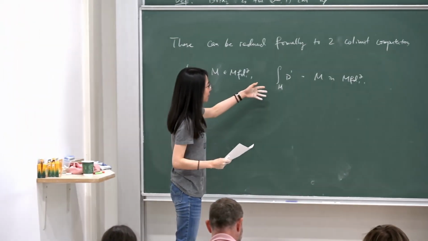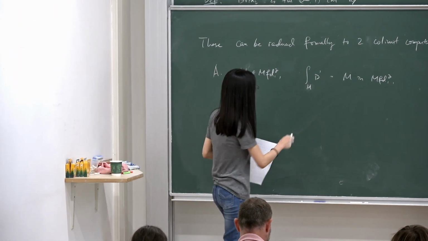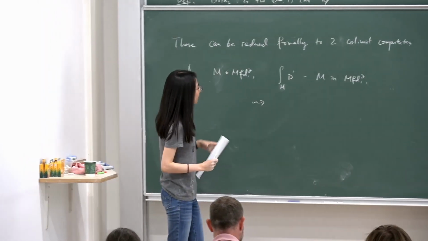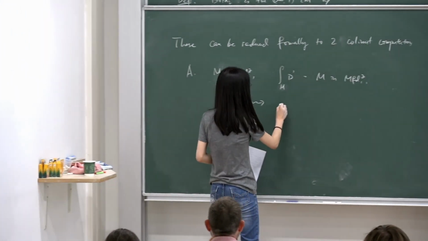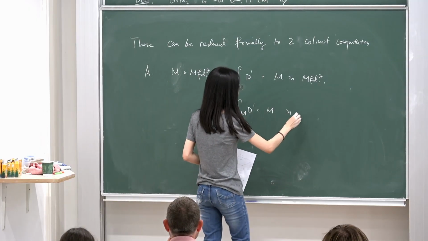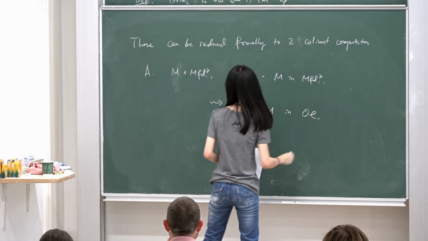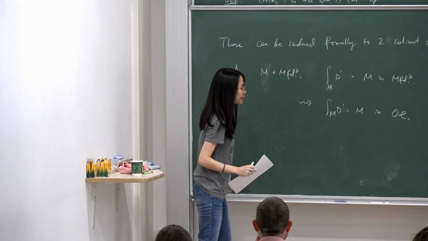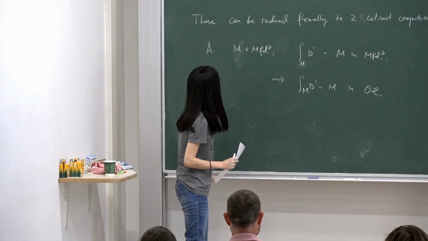But M and D1 are objects in OC, and we can pretty easily deduce that, in fact, this is also true in OC. Okay, so there's one colimit that we more or less just obtain for free.